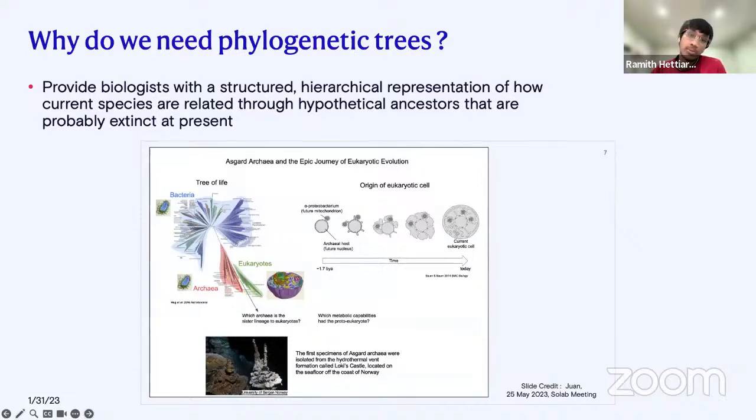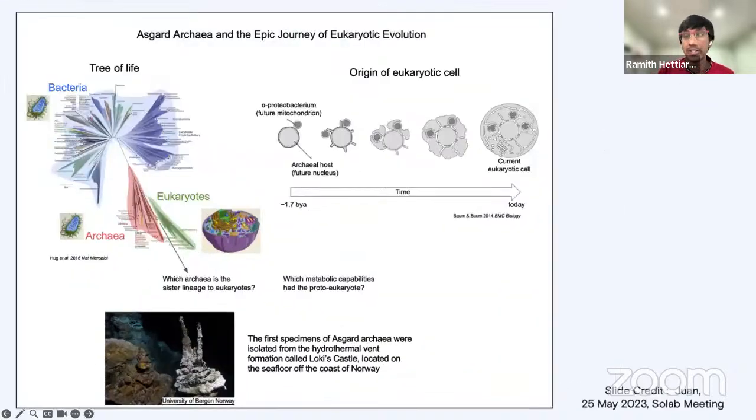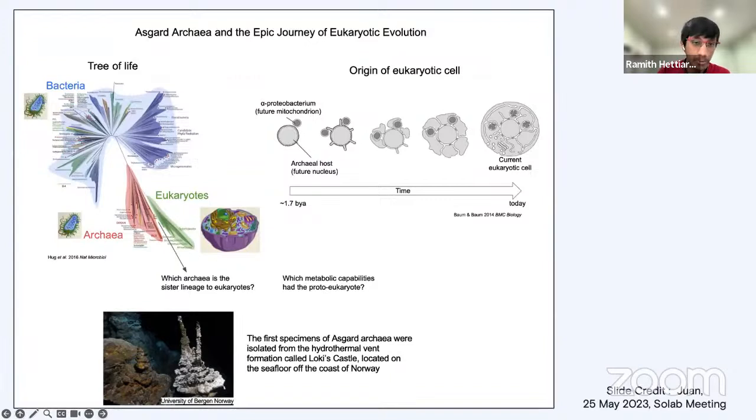In terms of people working on evolutionary biology, for example, in Sergey's lab, Kwan is working on looking at how archaea and eukaryotes evolved.